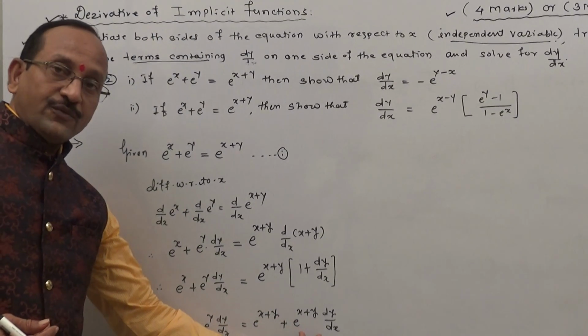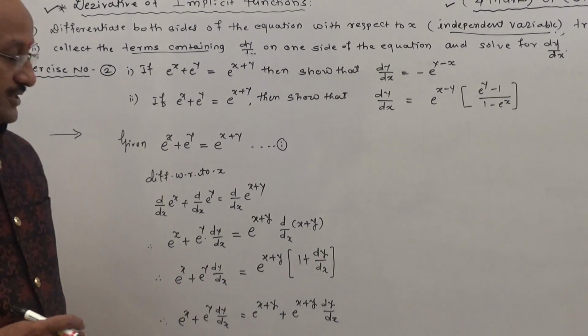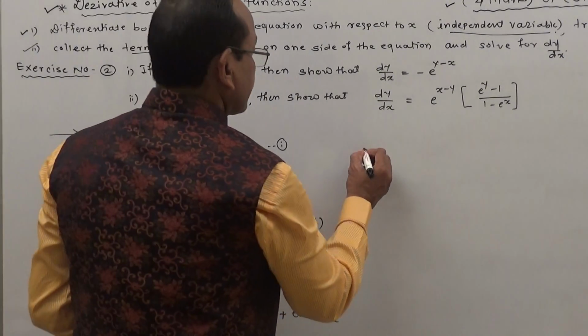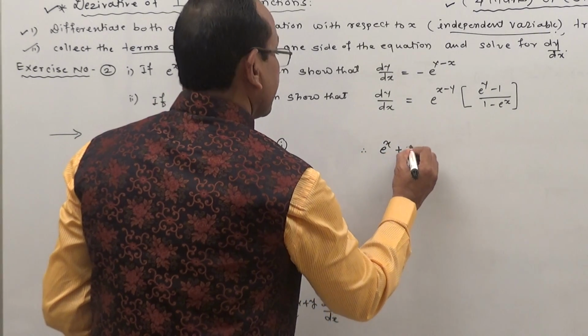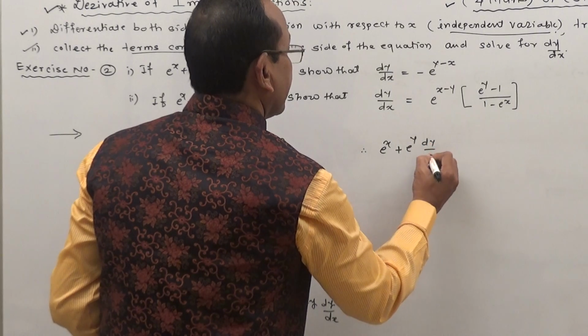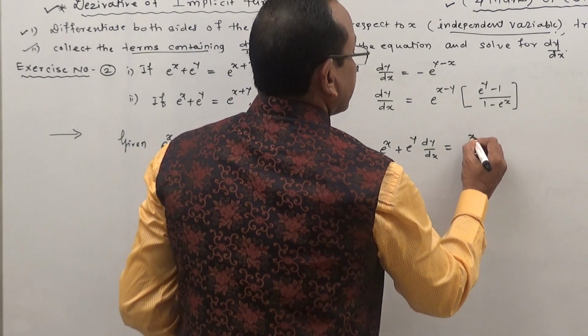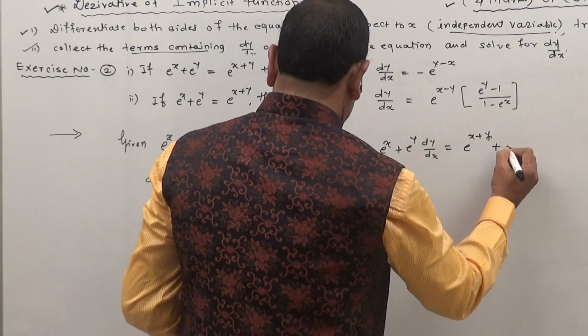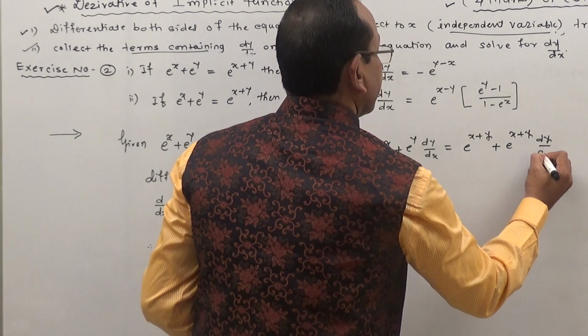Take terms involving dy by dx on one side, remaining terms on the other side. So here e raised to power x plus e raised to power y dy by dx is equal to e raised to x plus y plus e raised to x plus y dy by dx.